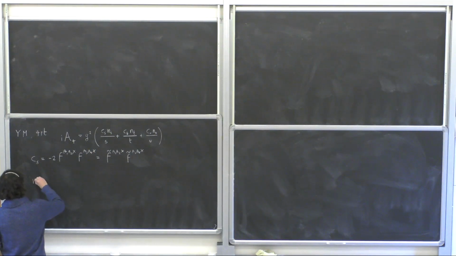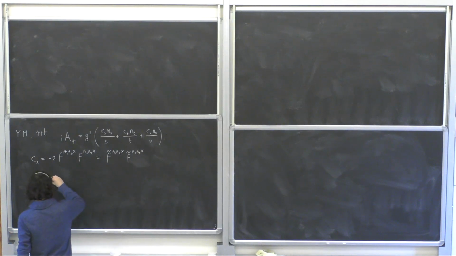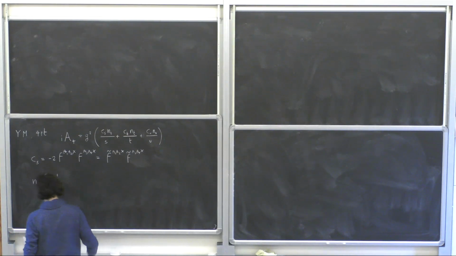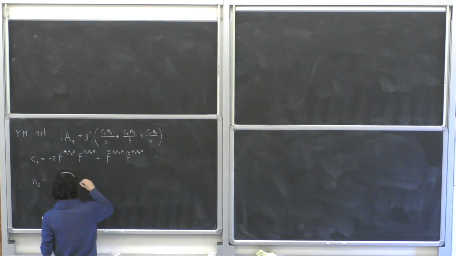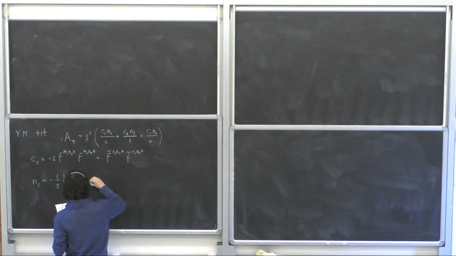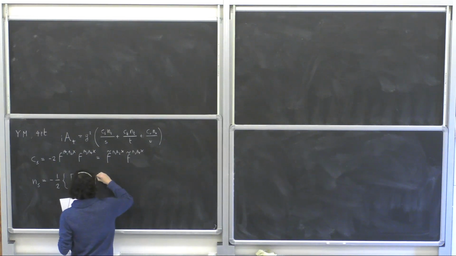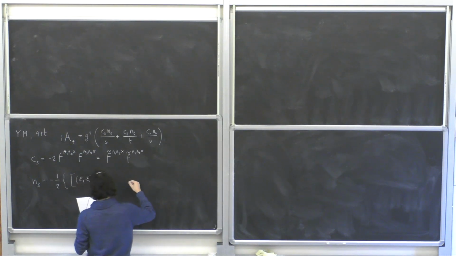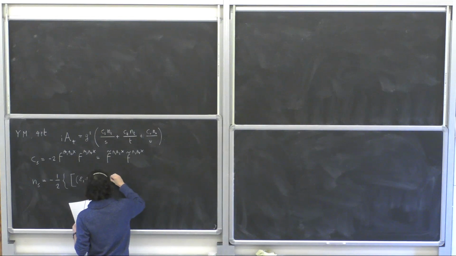Specifically, let me just write a term here. And this is something I wrote already, I think on the first day, when I was trying to work out the amplitude between 4 gluons.